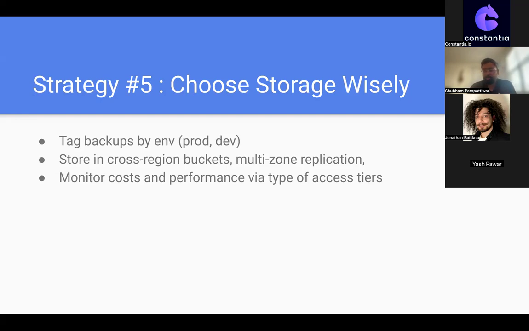So you need to monitor the cost against the performance of the types of bucket tiers that you're trying to use for your backups. Ensure that you have separate access tiers for more frequently used storage locations. You could use cheaper ones for those, and more available ones for the production ones. So all in all, you need to choose your storage wisely.